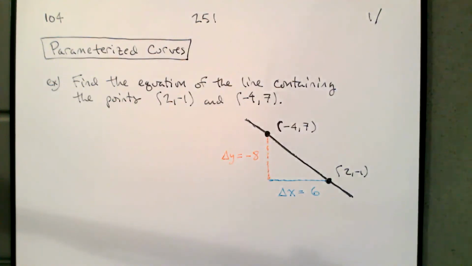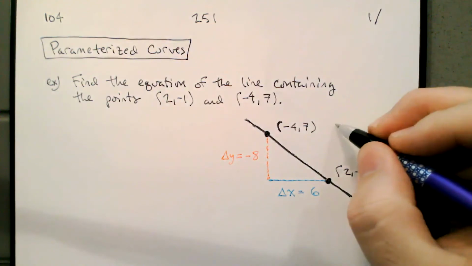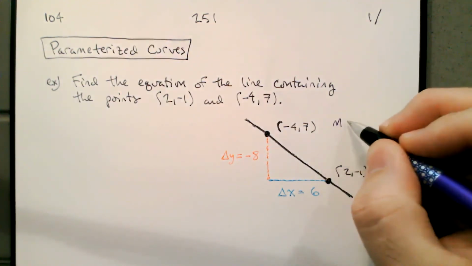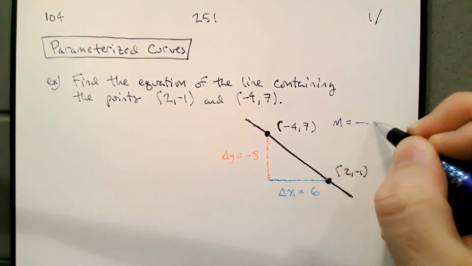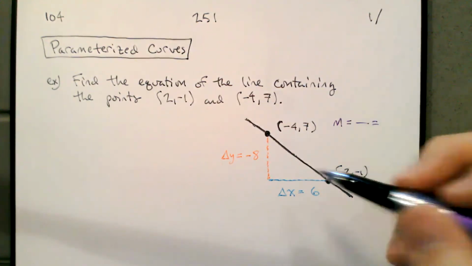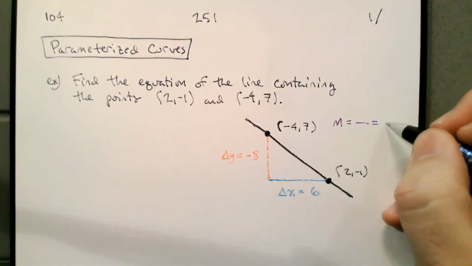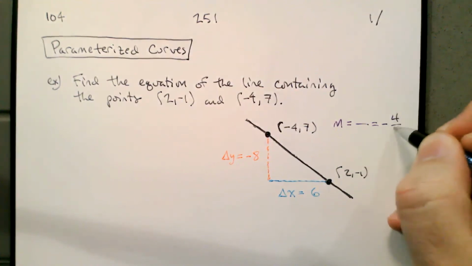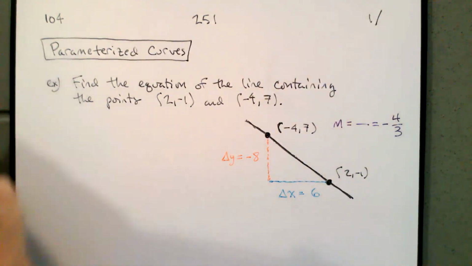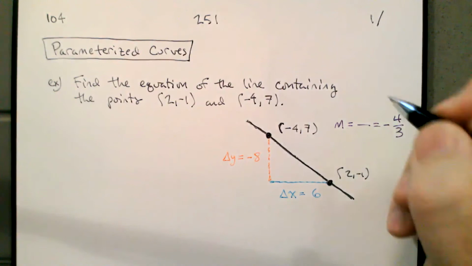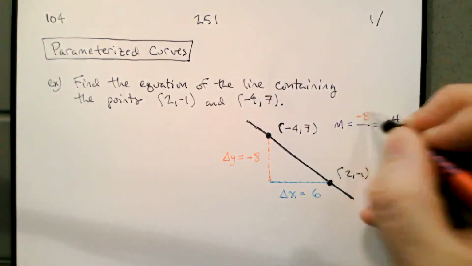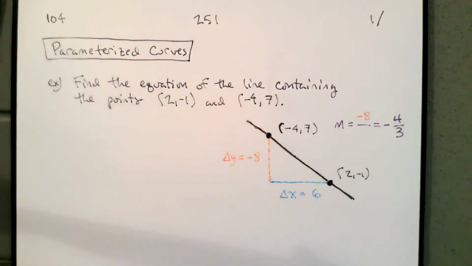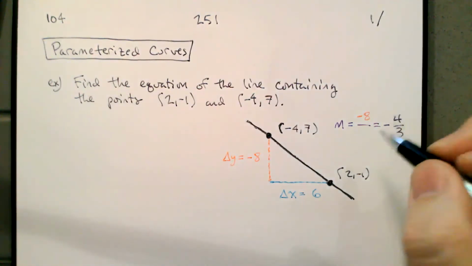We can combine these numbers into the slope. So the slope is change in y divided by change in x. And in this case, that'll be -8/6. We can simplify to -4/3. So we just take the change in y, -8, and divide by the change in x, +6.